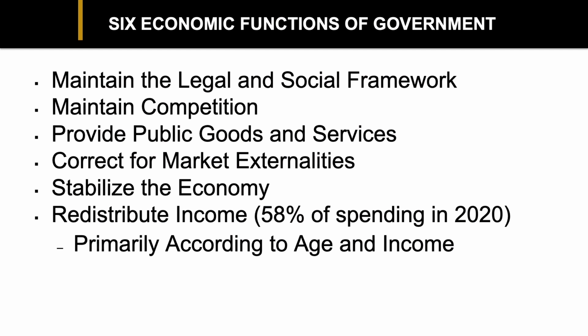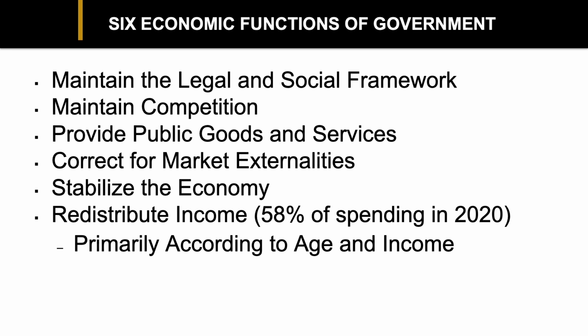This slide shows the 6 economic functions of government: maintain the legal and social framework, maintain competition, provide public goods and services, correct for market externalities, stabilize the economy, redistribute income.